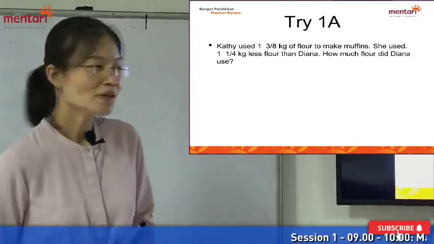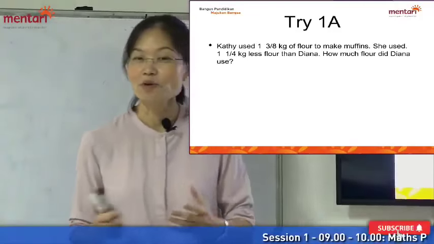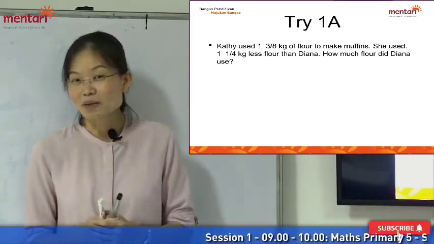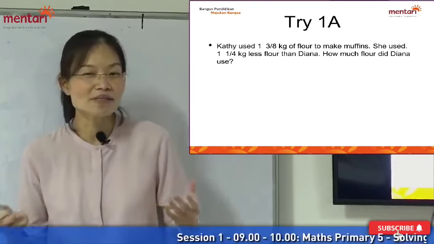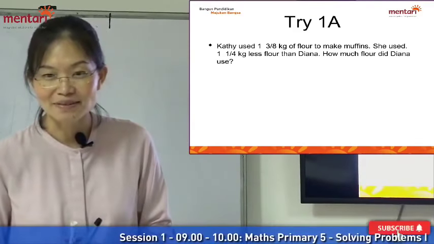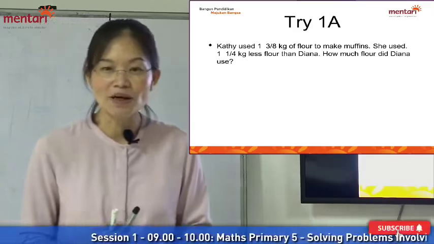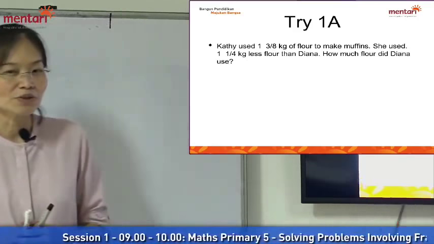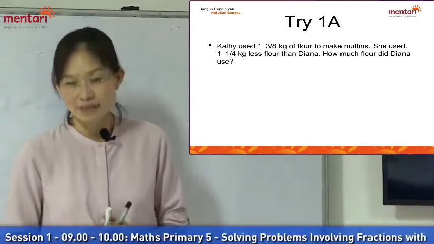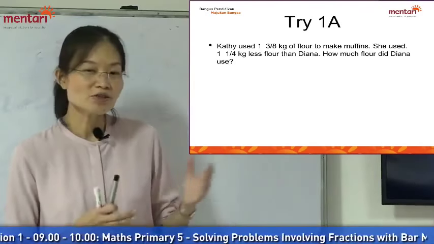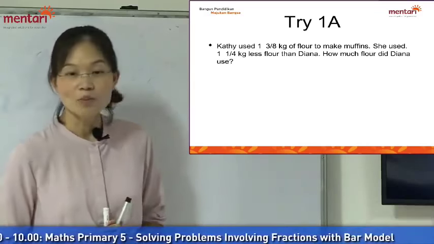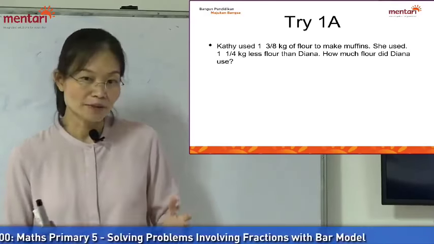Now remember, this is a word problem involving comparison. Do you still remember the word? Yeah, comparison involves more than or less than. And if you remember, the type of bar model that we use for comparison will be slightly different. Now let's solve the problem together. Let's try to transform or to describe this word problem into a bar model.